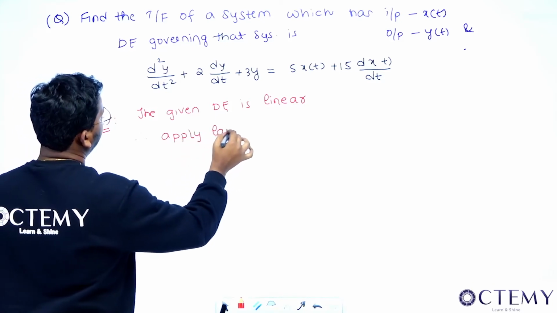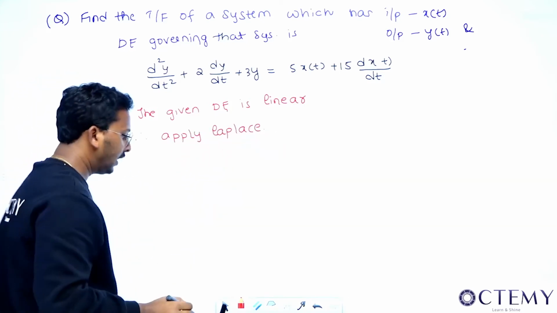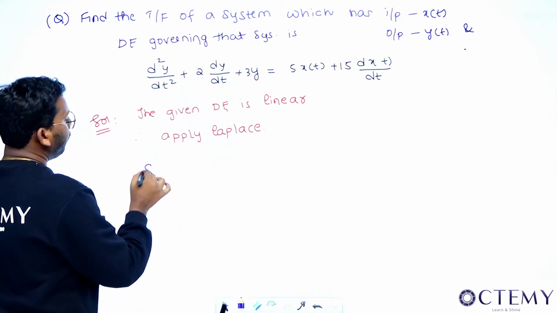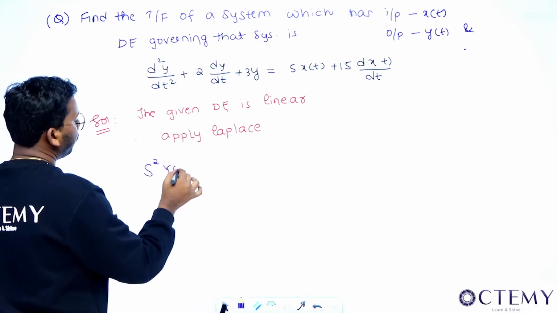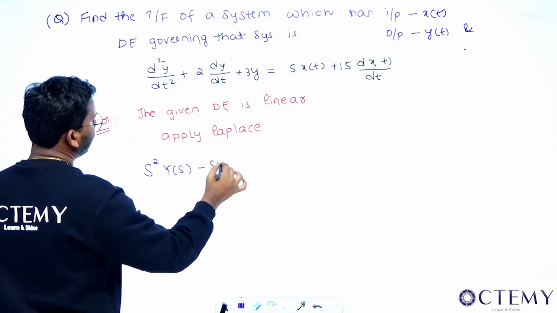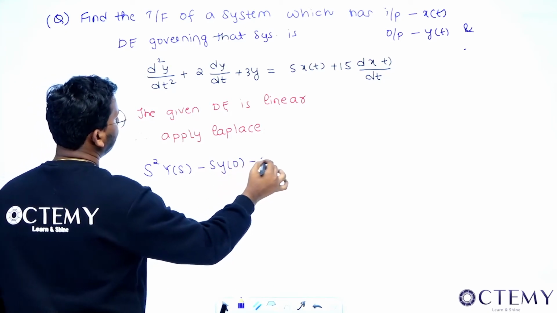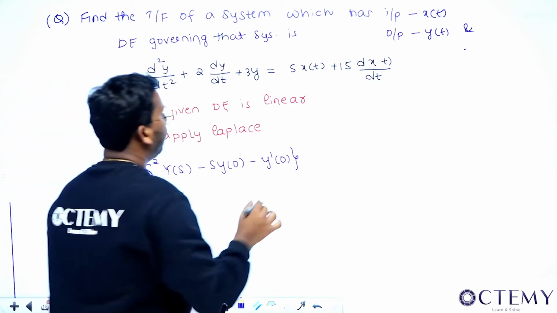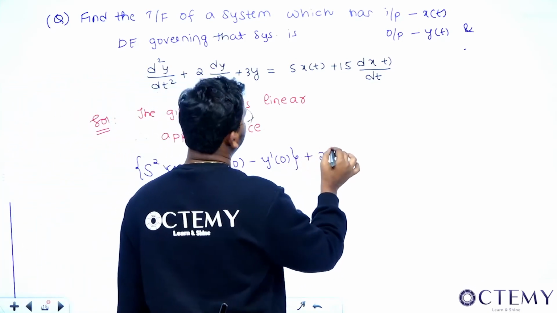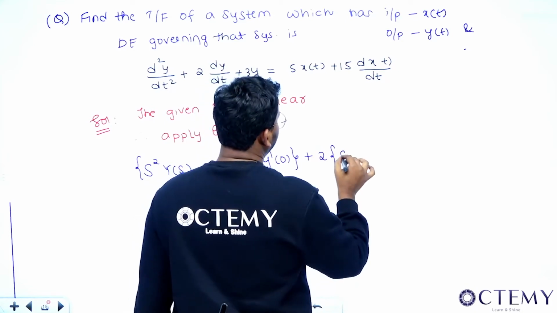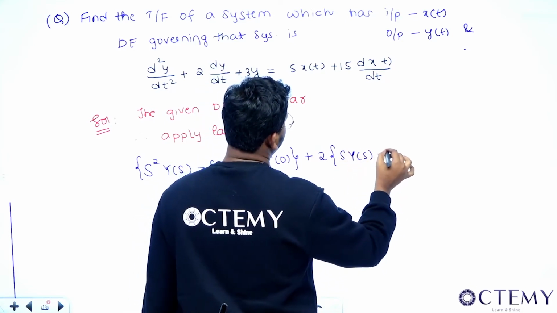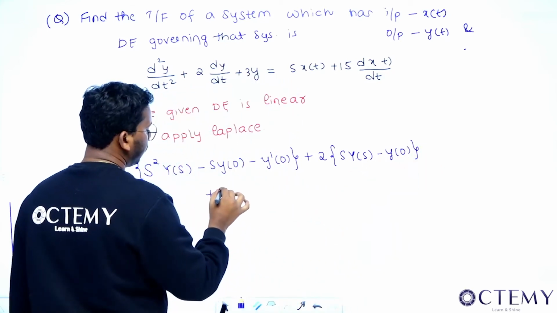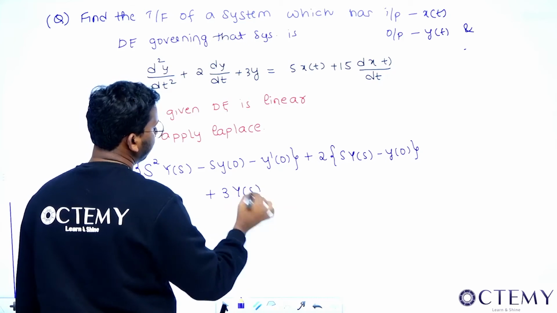Apply Laplace. So let us see, when you apply Laplace, how do you actually apply it? This will become s square y of s minus s y of 0 minus y dash of 0, plus 2 times s y of s minus y of 0, plus 3 times y of s.